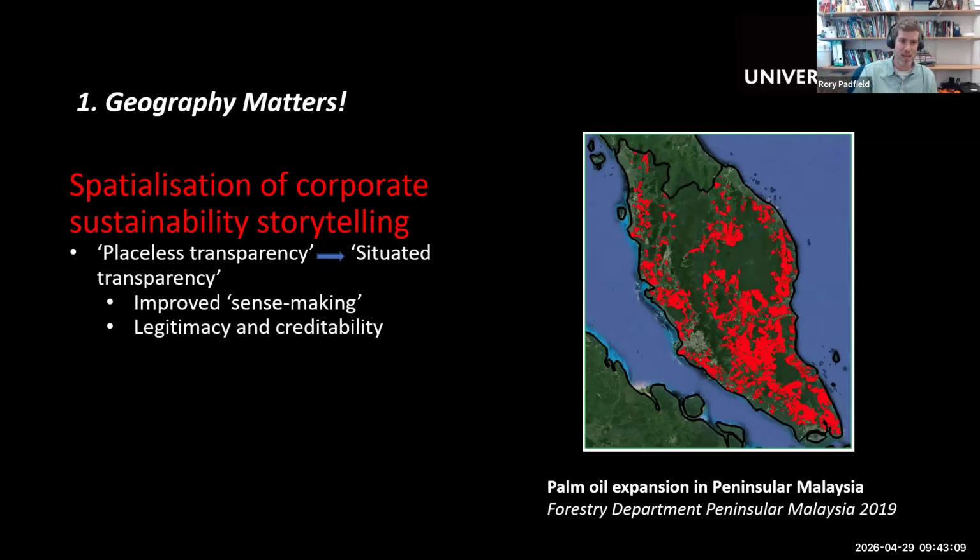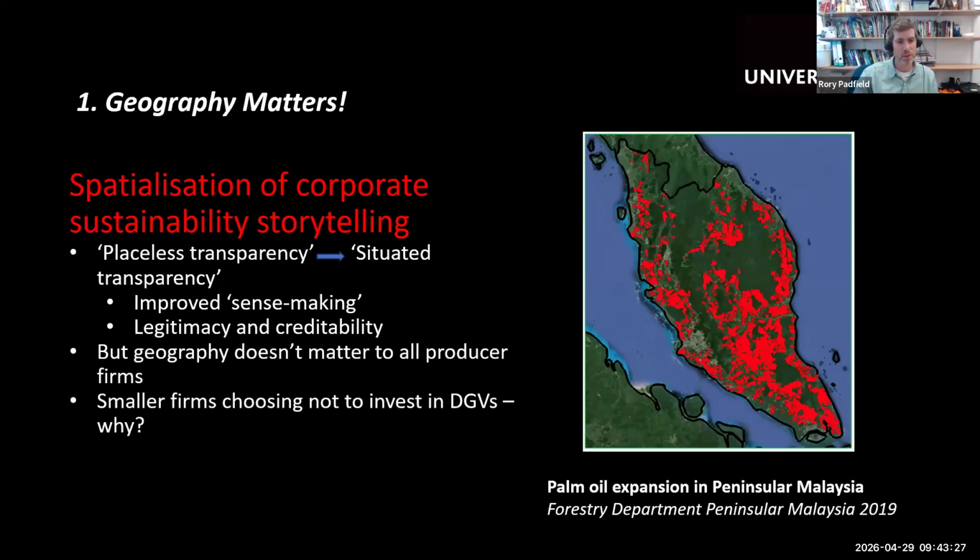I think it leads to improved sense making of the industry and the challenges that the industry faces. And in a way that does support legitimacy and credibility. So there are a lot of positives in bringing that spatial representation of the industry.